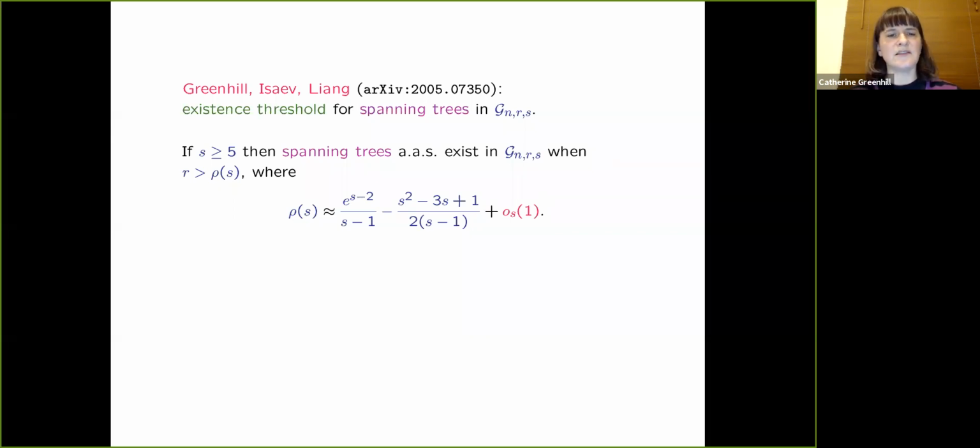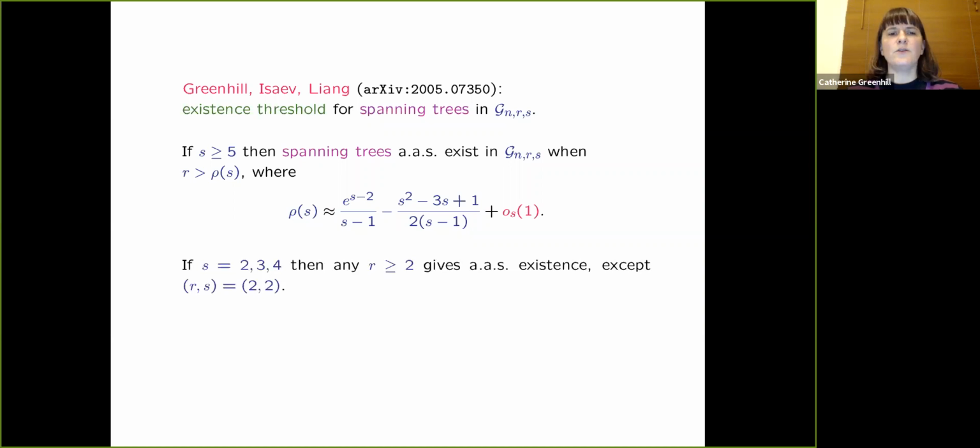So your degree has to be at least e to the s minus 2 divided by s minus 1 plus some stuff, minus some stuff. So we found, you'll see in a moment, the expression for the threshold. Whereas if s is 2, 3, or 4, then any R will do, except for the obvious exception of 2 regular graphs, because, yeah, they might not be connected.